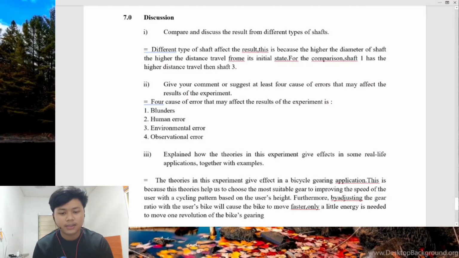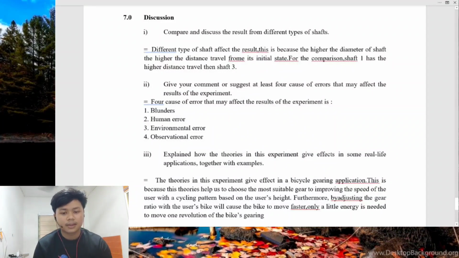And the last one is observational error. This happens because when doing the experiment, we make a false observation, and this affects the experiment.